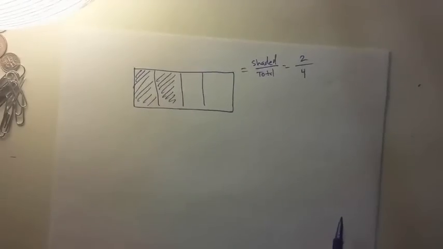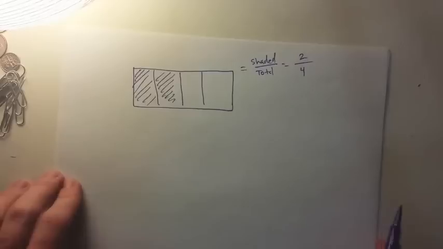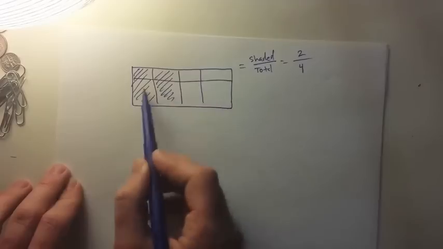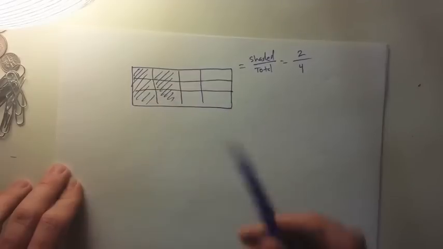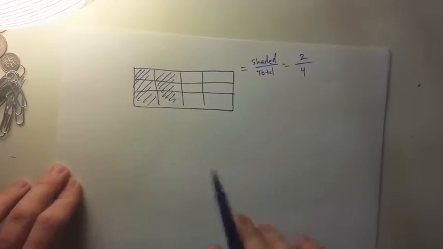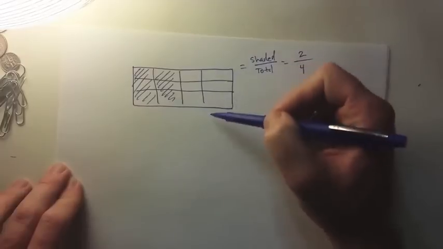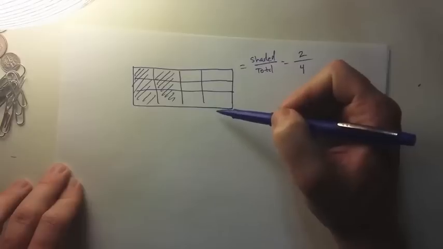Okay? But I want to talk about equivalent fractions and watch what happens. I'm going to do this. And now what I did when I put those lines there was I divided each of the fourths, each piece, into 3 equal pieces. Okay?